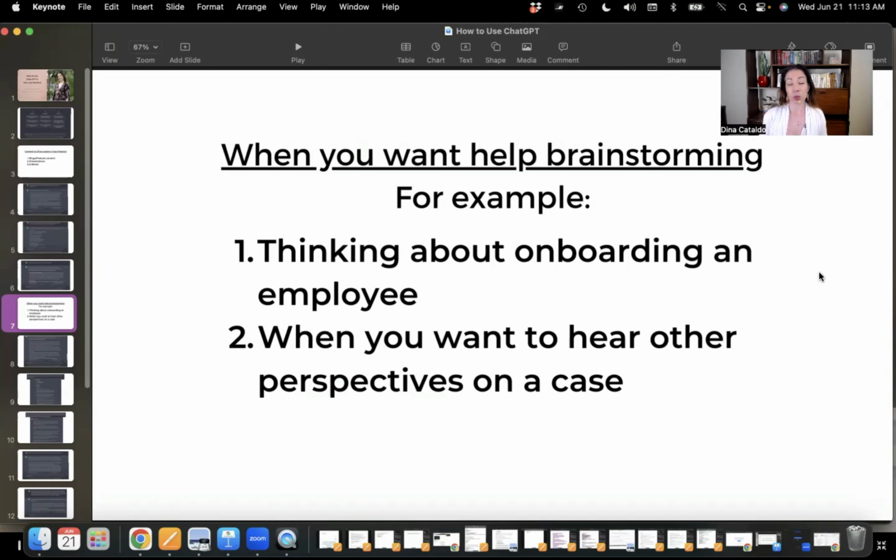I also think it's a great start for newer lawyers. We're going to talk more about how to use it for younger lawyers, especially who don't really have the confidence yet to feel like they know what they're doing. And they're afraid to ask questions because they think they're missing something.